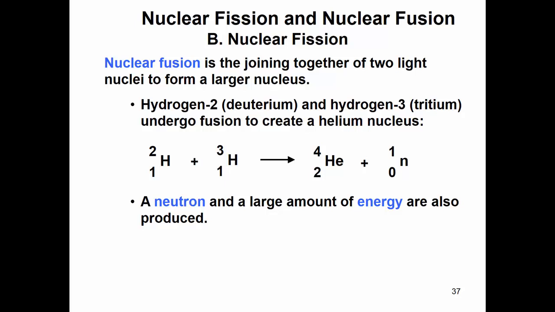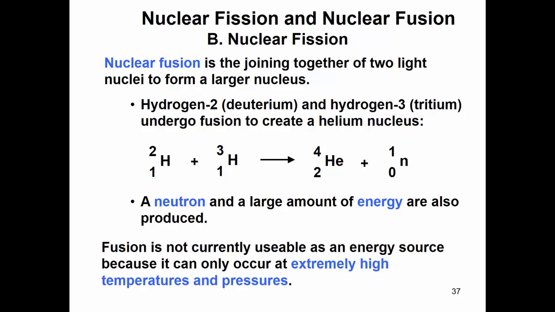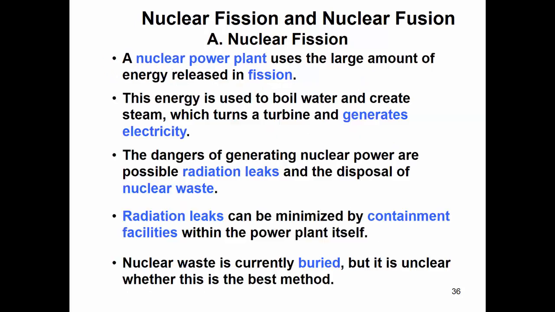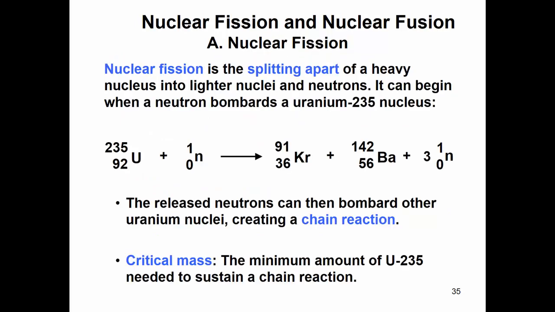However, fusion is not currently usable as an energy source, because it can only occur at extremely high temperatures and pressures, but you do want to know the difference. Nuclear fission is the splitting apart of a large isotope, and this is what was very useful with our uranium-235.